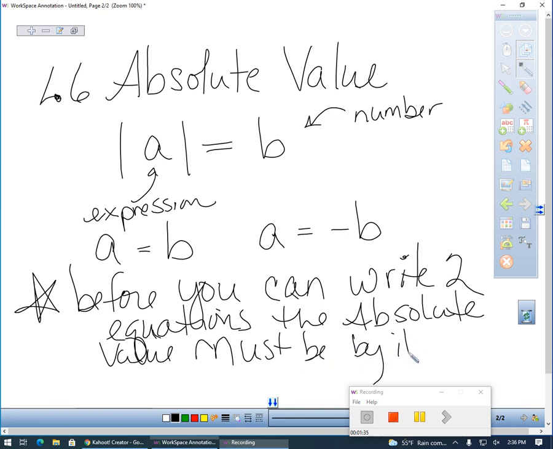Okay, so before we can split it into these two equations, the absolute value has to be by itself. That's key.